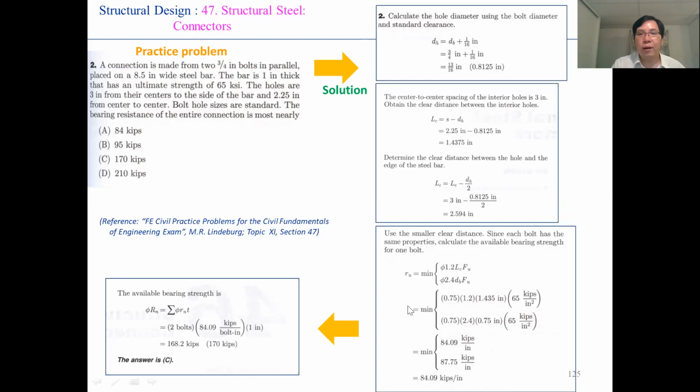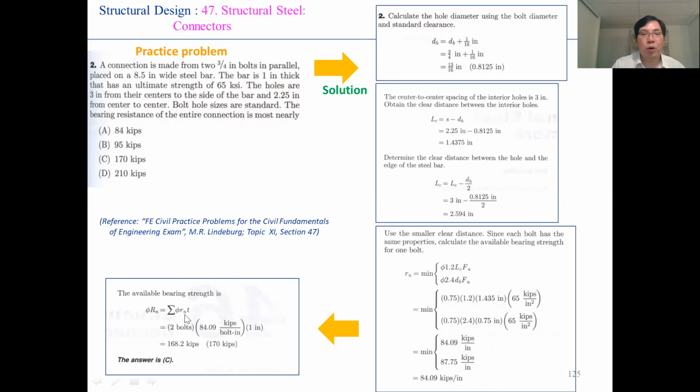You can calculate, and you can find that R sub n is the minimum between two values, and this one is equal to 84 kip per inch, so that you can calculate the available bearing strength by this equation: phi R sub n equal to the sum of phi R sub n times t.